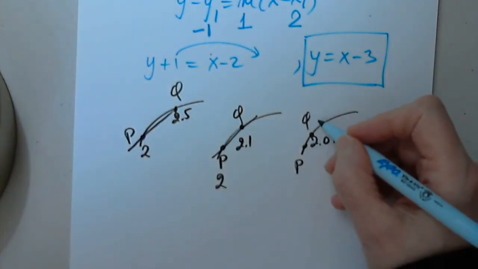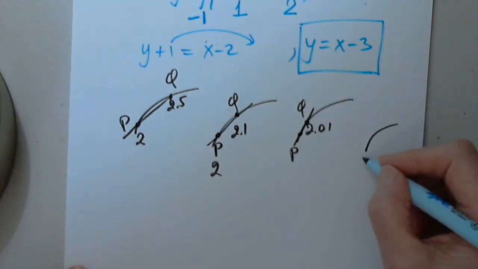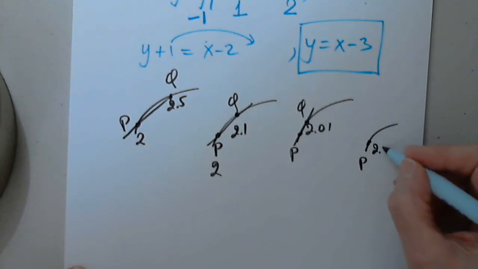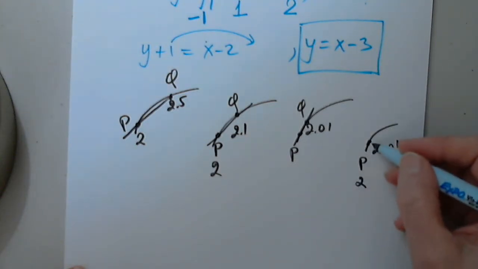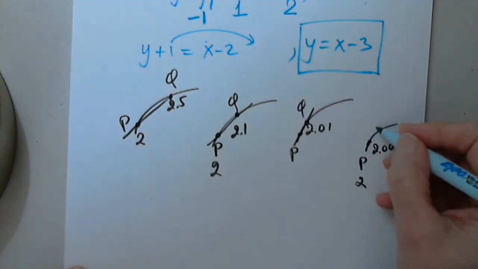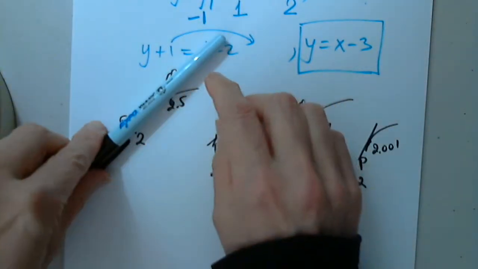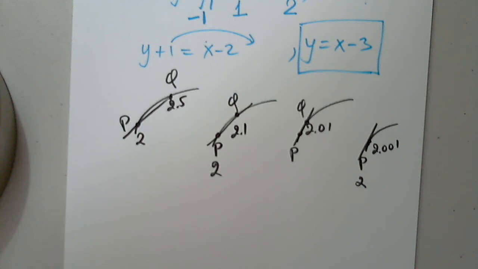So this is the secant line. And now we had P here and Q right here at 2.001. So P was at 2 when x equals 2, and Q is when x equals 2.001. And this is the secant line. Do you see what's happening here? Yeah, it's getting closer and closer to the tangent.